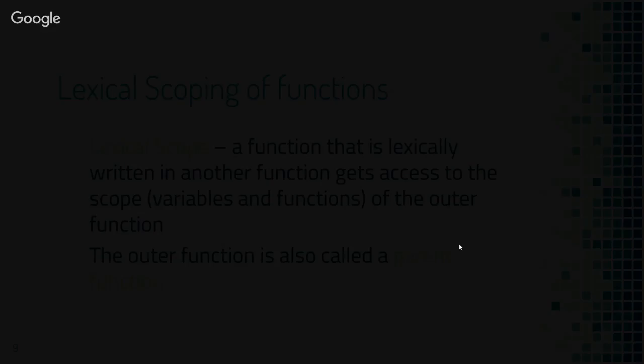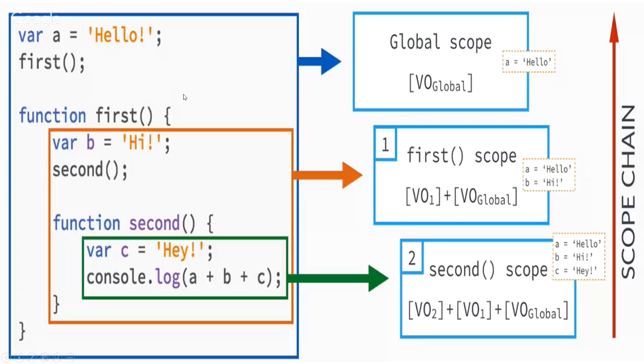So here's an example actually. Here's the demo code. In the blue box outside here, as you can see, we have the global scope. Remember, the global scope can be accessed anywhere, inside a function, outside, it's all accessible. In the global scope, we have access to the a variable here. It's just a simple string hello.